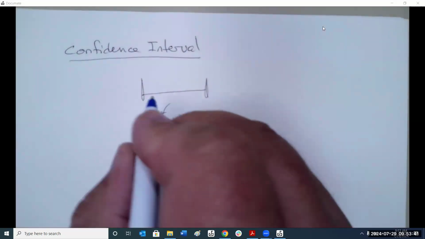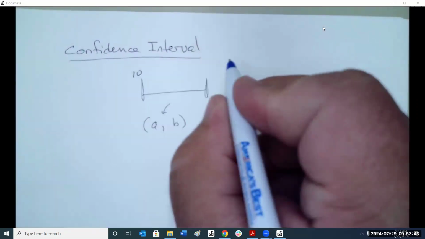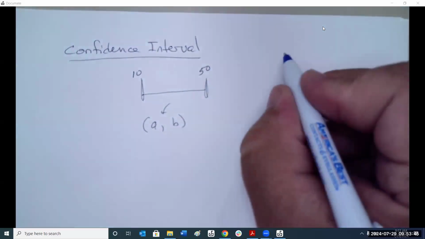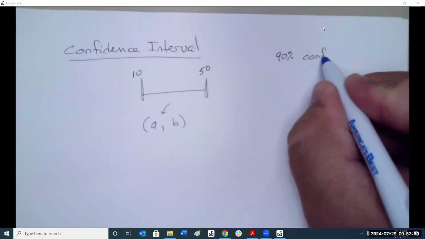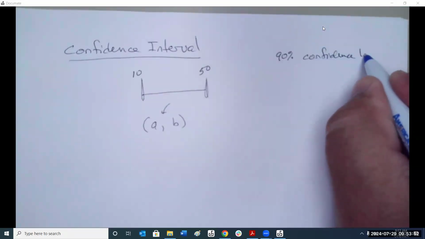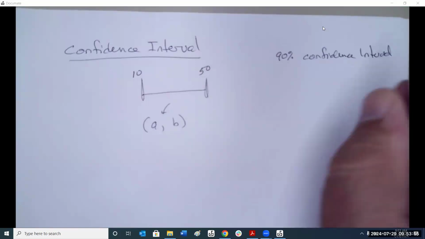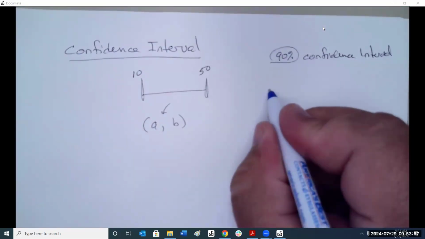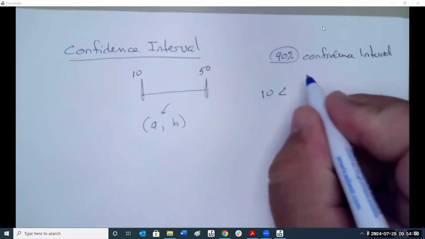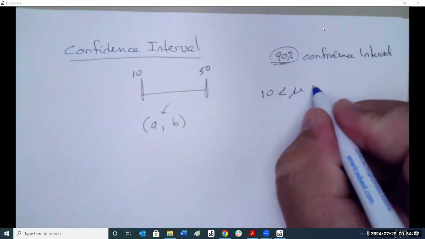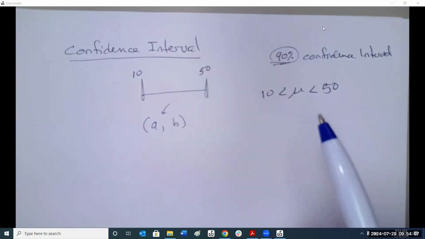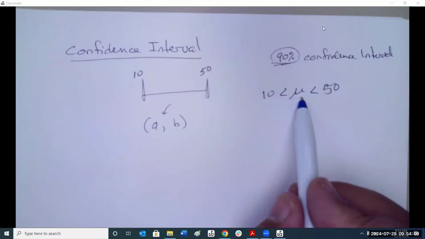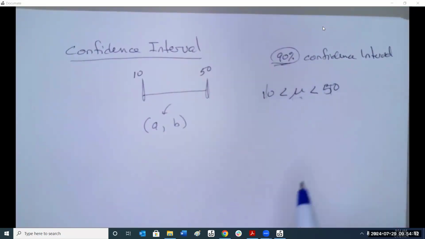So let's say our confidence interval was 10 to 50, and we had a 90% confidence interval. What this says is we are 90% sure that whatever our averages, our deviation, the population one's going to be between those two numbers.